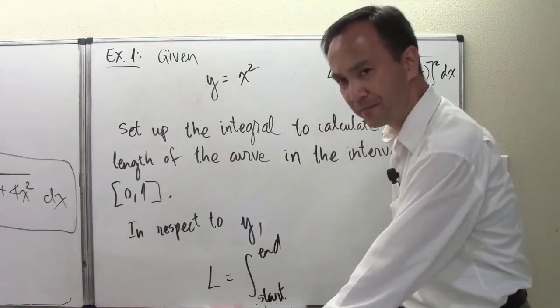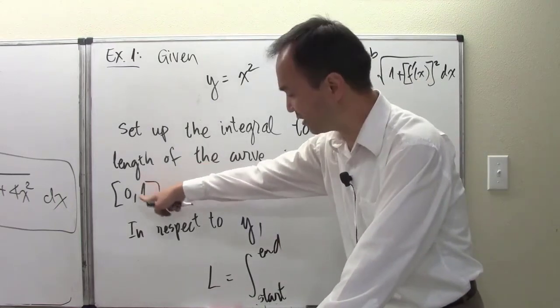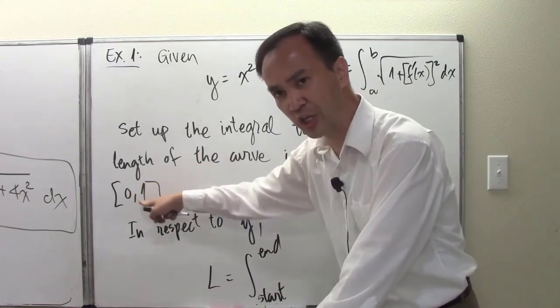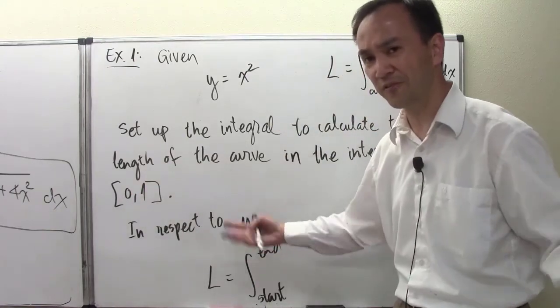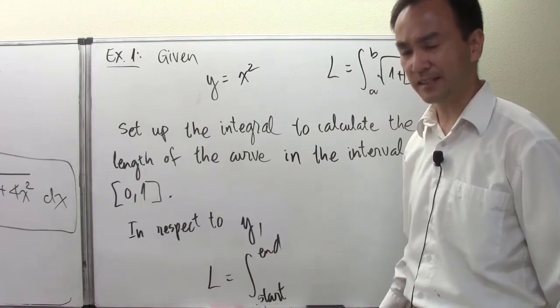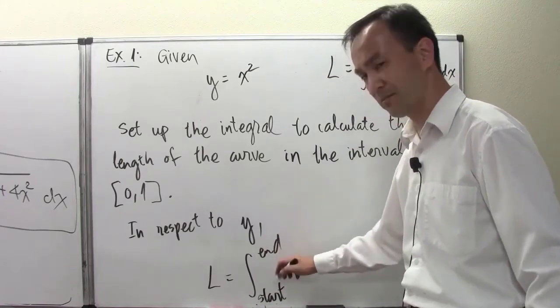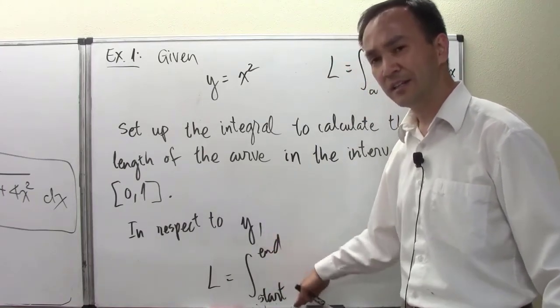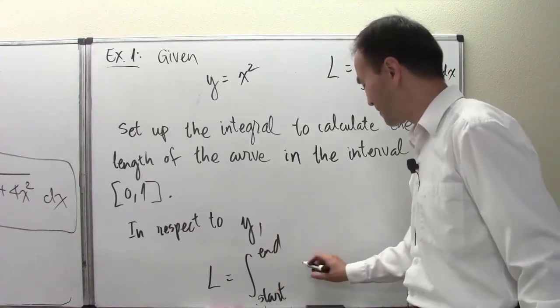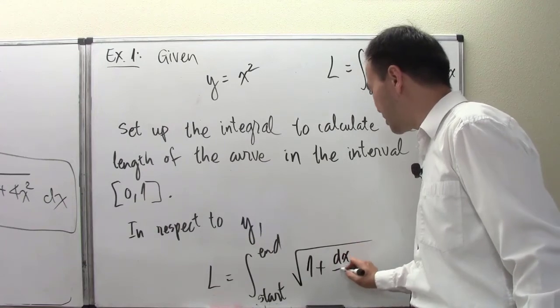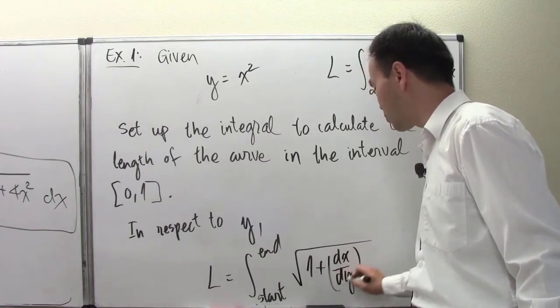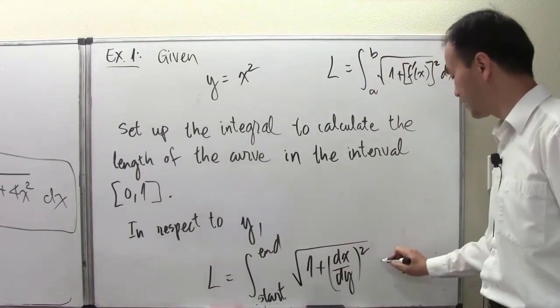Earlier I could do 0 to 1 immediately because I knew this was on the x-axis, but now on the y-axis we haven't spent time finding that yet. So let's leave it as start to end, but keep in mind these are eventually on the y-axis. Then this is the square root of 1 plus dx/dy, all squared, with a dy.